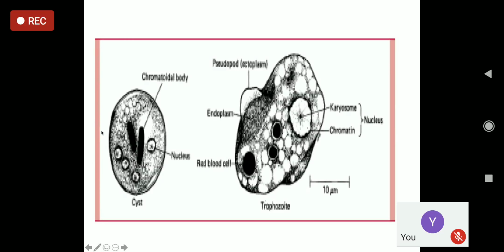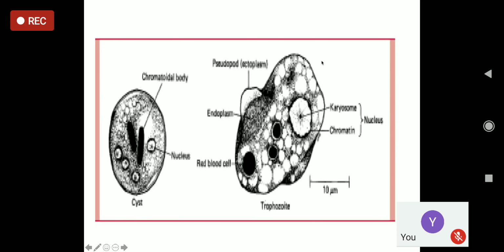But most commonly, the cysts are demonstrated in the stool sample, and that is the diagnostic stage also. So this is regarding the morphology as well as the characteristic features of the trophozoite, pre-cyst, and the cyst.